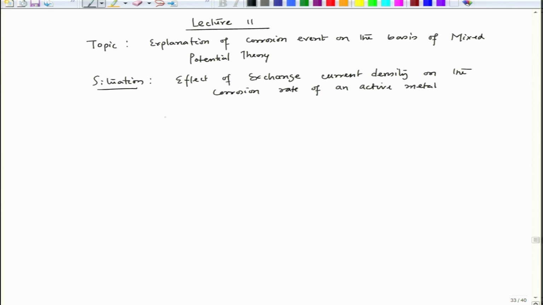Now, we know that this exchange current density is the measure of equilibrium, since I c equal to I a for a single half cell.